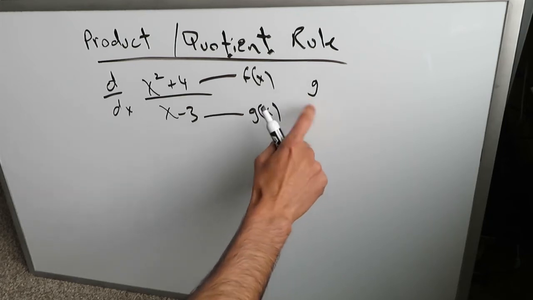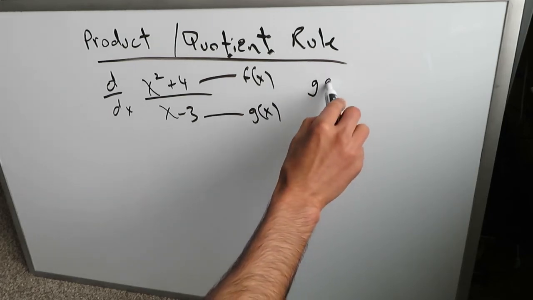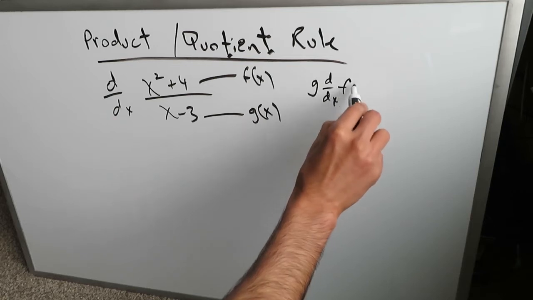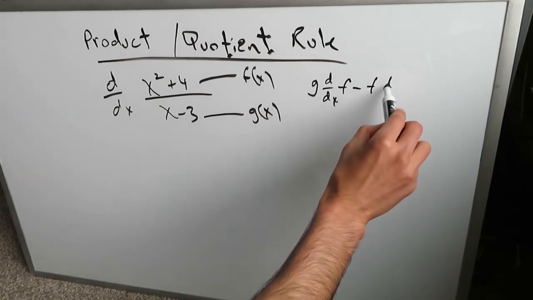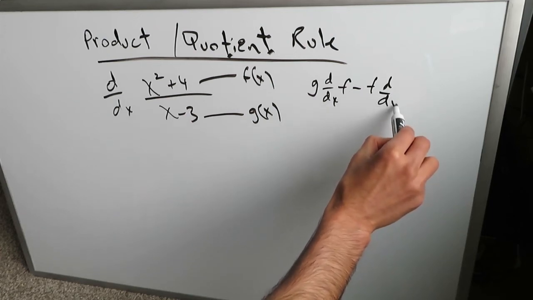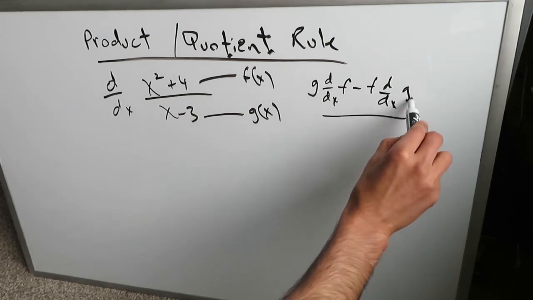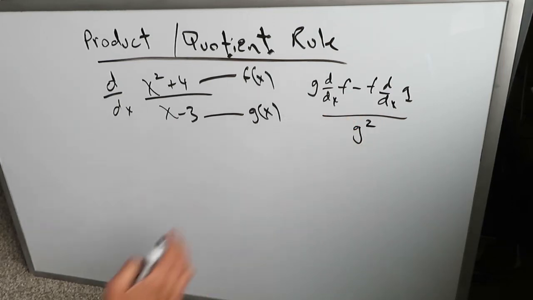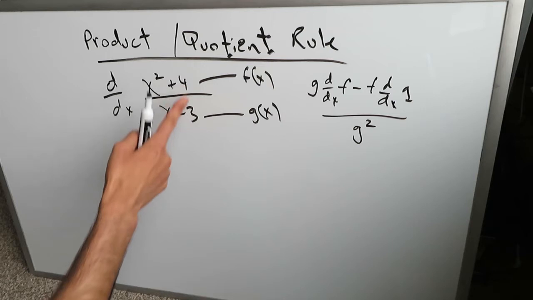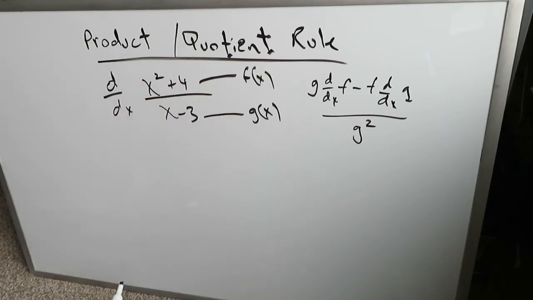You'll do the unedited g function multiplying by the derivative of the f function, taking the difference of the original f function multiplied by the derivative of the g function, all divided by the original g function squared. You have to put everything into this format, and you know what your f and g's are. It's not hard at all.